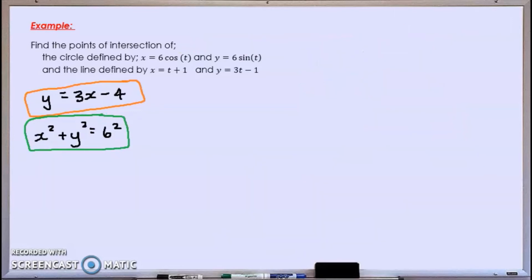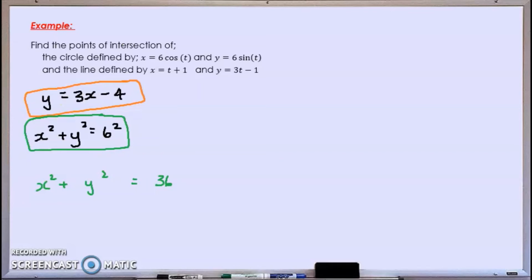And the last thing I'm going to do is solve this to find my points of intersection on the Cartesian plane. Now my green equation says x squared plus y squared equals 36, or 6 squared. My orange equation, though, gives me a value for y.